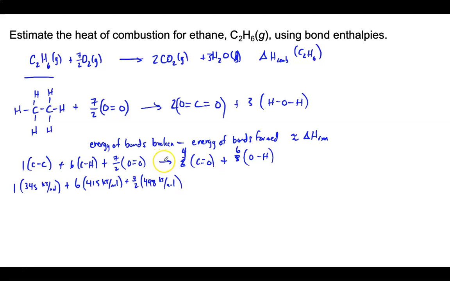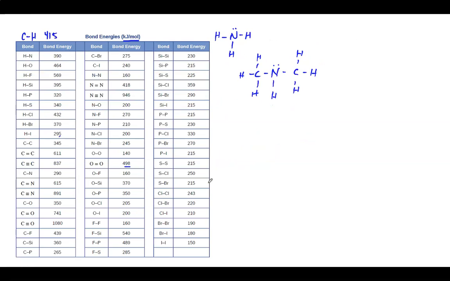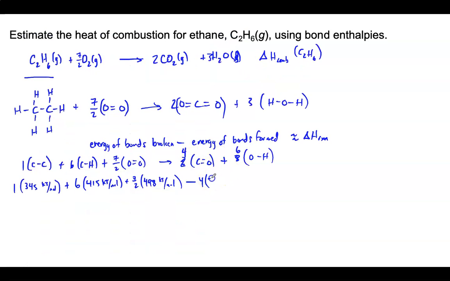And then we're going to subtract off the products. Minus 4 times C double bond O. Right there, 741 kilojoules per mole.